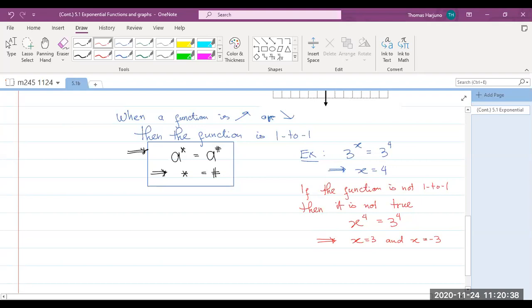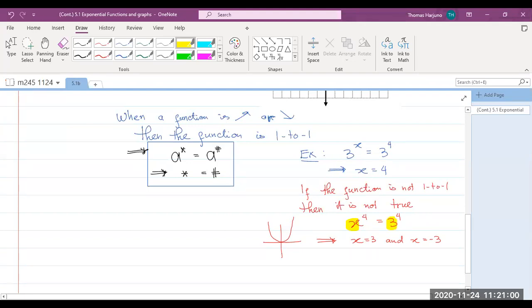It is not one-to-one. The graph of x to the fourth looks like this. It is not a one-to-one function, which means that even though it seems x must be 3, it turns out that x may also be -3.